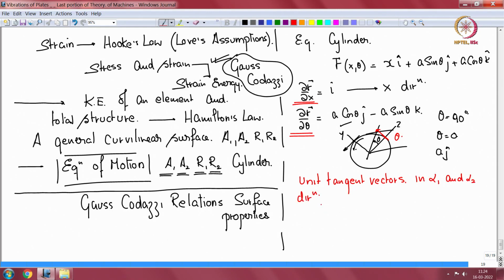What are they? We will call them T1 in the alpha 1 direction, which is del r by del alpha 1, divided by the magnitude.